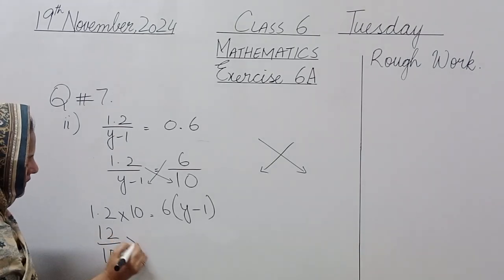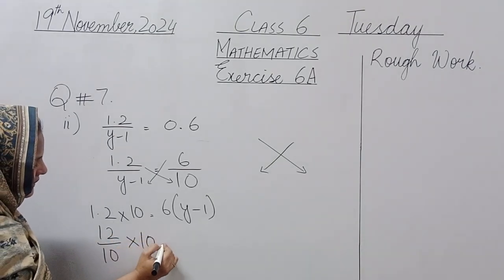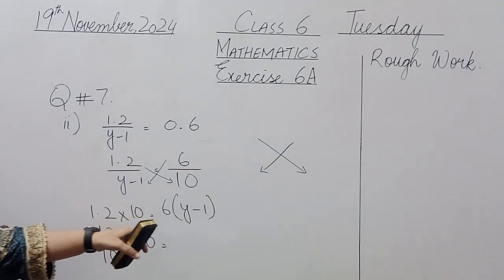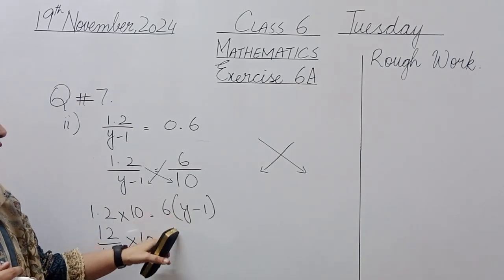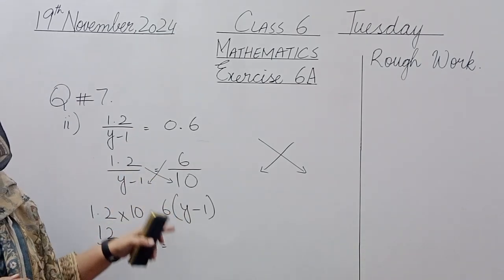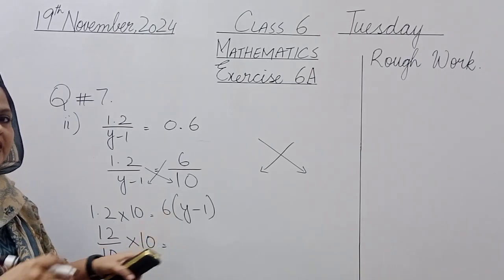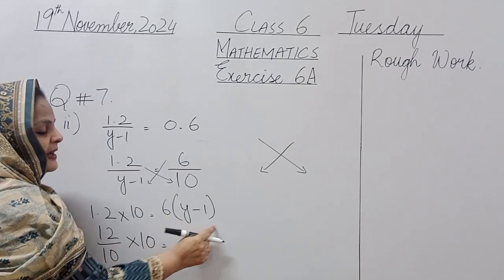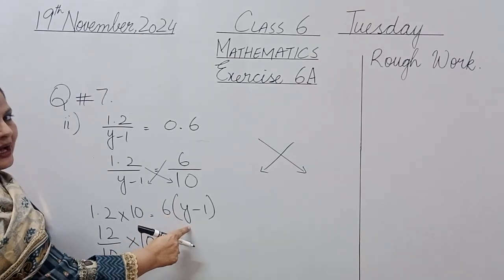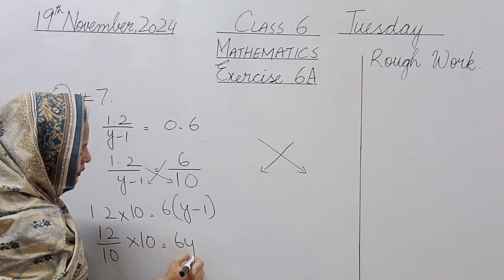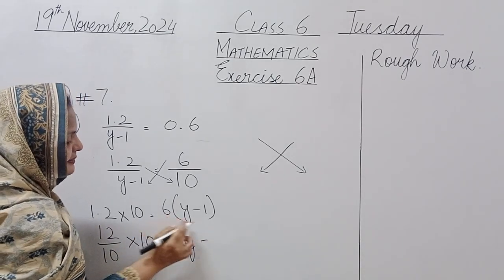Okay, see, we will be multiplying it with 10, and as we have just discussed, when there is no symbol of plus, minus or division, it is understood that we are going to multiply these numbers together. So 6 multiplied by y will be 6y minus 6 multiplied by 1.